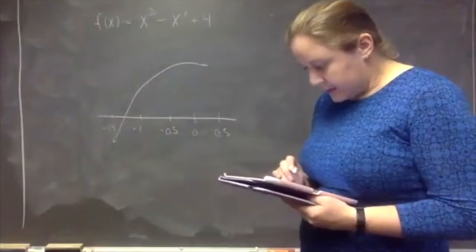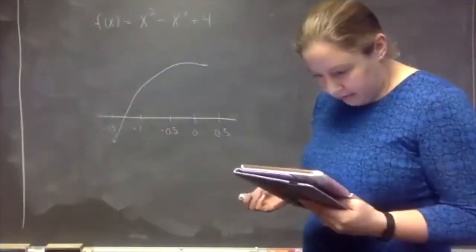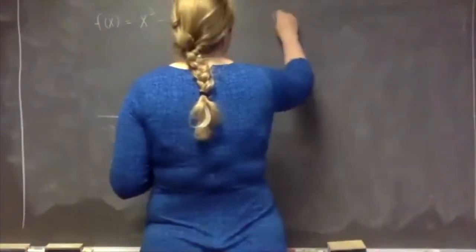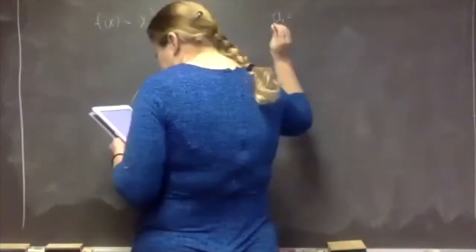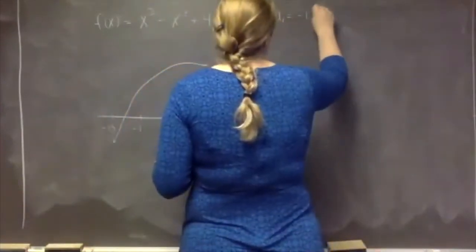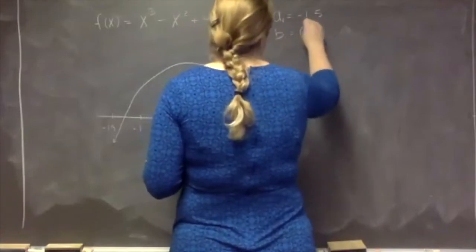Anyway, I'm going to start with maybe not the most efficient guess, but we'll say A1 is negative 1.5 and B1 is 0.5.